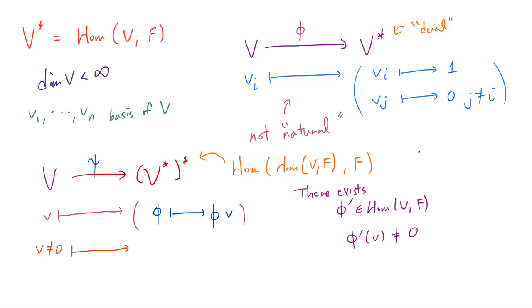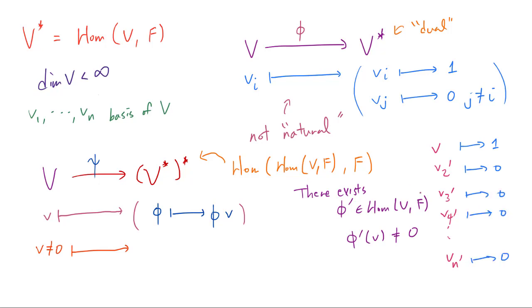This is simply because if you have a non-zero vector v, then we can throw in some v2 prime that's outside the span of v, and then some v3 prime that's outside the span of v and v2 prime, then v4 prime that's outside the span of v, v2 prime, and v3 prime, and so on until we get to some vn prime, making this entire thing into a basis of V. Once we have a basis of V, we can consider the map phi prime defined by sending v to 1 and all of the others to zero.